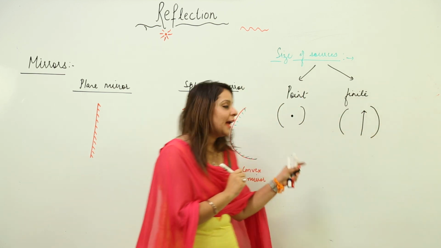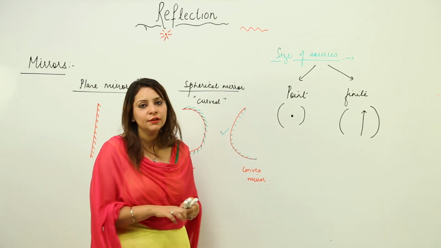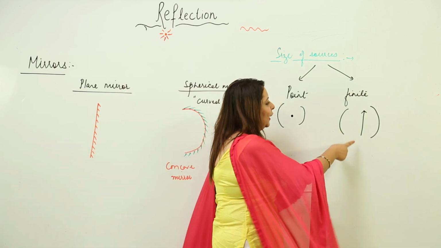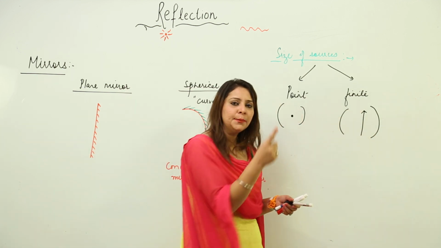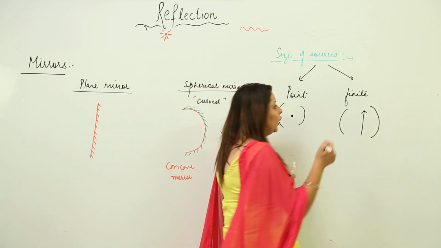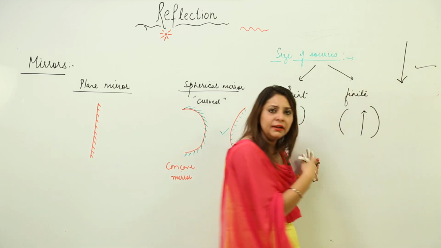So whenever there is an arrow like this and the light rays are coming from it, that means it is a finite source. And one more important thing: like I have drawn this arrow with the pointer pointing upside, you also have to draw it in the same manner. Don't draw it in the opposite manner, because if you draw it like this, it means something else in the ray diagram.